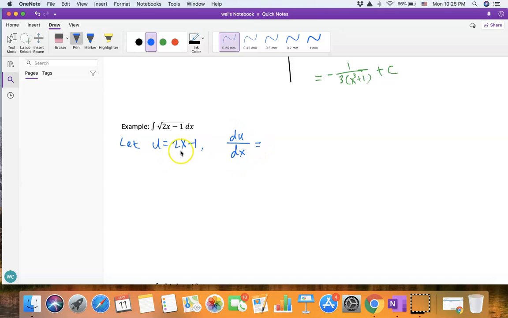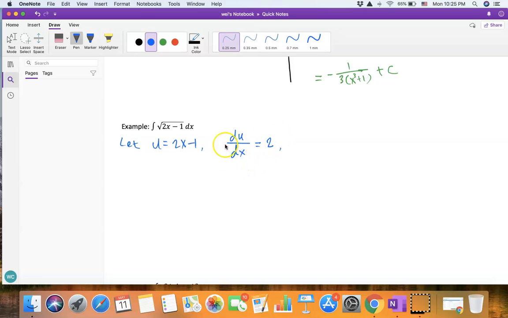And the right-hand side, we take the derivative of this function with respect to x, so we get 2. Okay, once we have these two things, now we solve this equation for dx, so we multiply dx on both sides and we divide by 2.